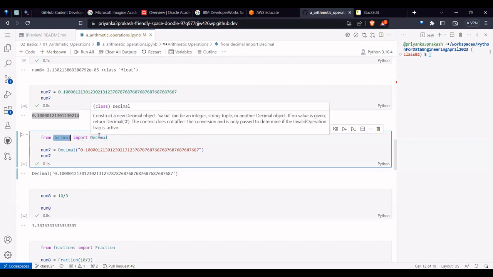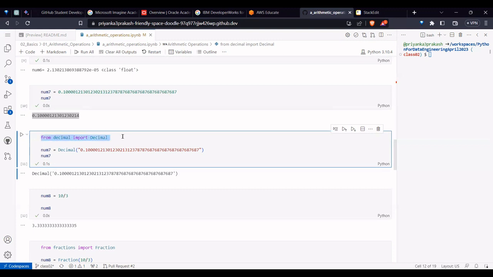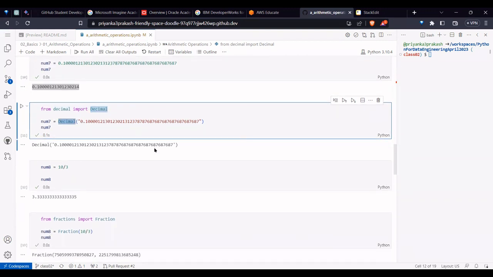Assume that in the decimal module there are 10 functionalities, but you want only one. Such that you can directly use decimal. If you load all 10 but are not using them, it's unnecessary, right? That's the reason we do this kind of selective import.